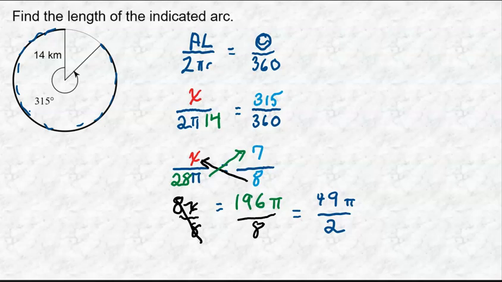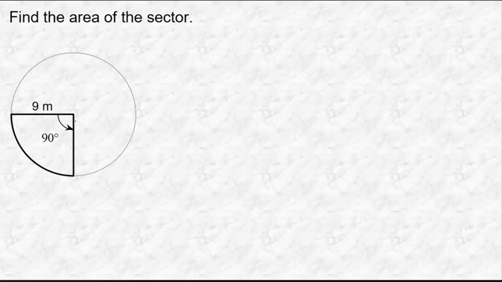Okay, let's take a look at the next example. This example will require the use of sector area. So sector area, we're going to call SA, and then we have pi r squared equals the angle over 360. Now I'm going to plug everything in. So I'm going to start with x here.